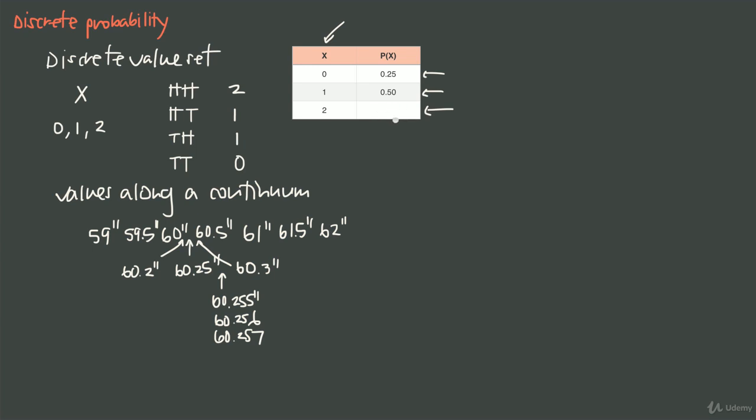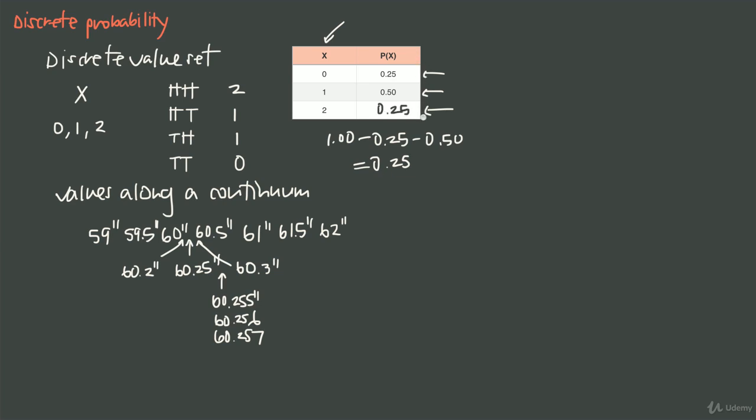Well, in order to calculate it, we say 1.00 minus 0.25 minus 0.50, and we get 1 minus 0.25 is 0.75, minus 0.5 is 0.25. So this is equal to 0.25, and then we could go ahead and put in here 0.25.